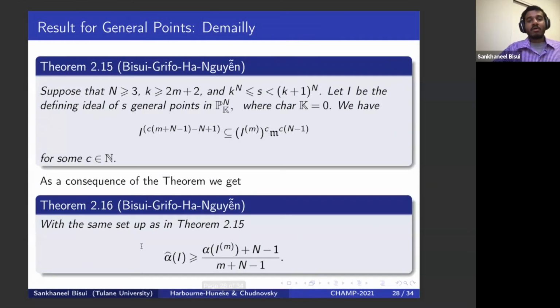Now, for the Demailly conjecture, the idea is the same. If we have n at least 3 and k is twice m plus 2, and s satisfies this condition, meaning s is at least (2m+2)^n, then for those ideals we could prove this containment is true.